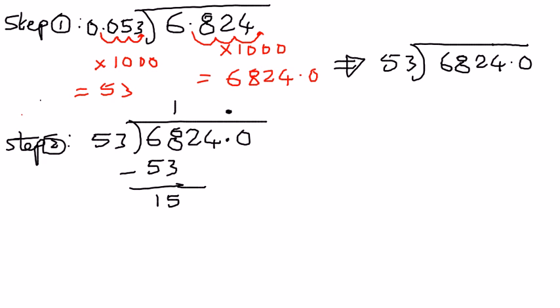So 15 is less than 53, so we bring down the 2. So we repeat the process. 53 times what number is equal to or less than 152? 53 times 2 is 106. When we subtract 106 from 152, we are left with 46.